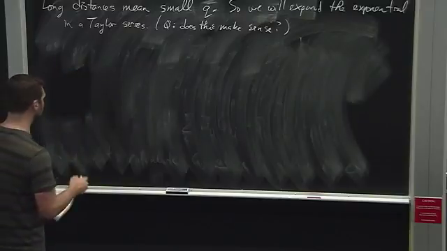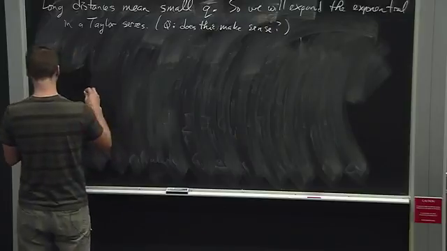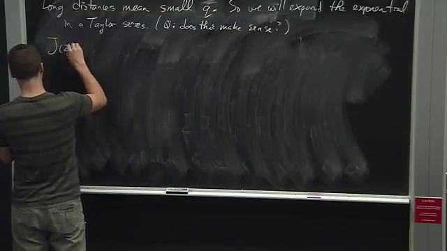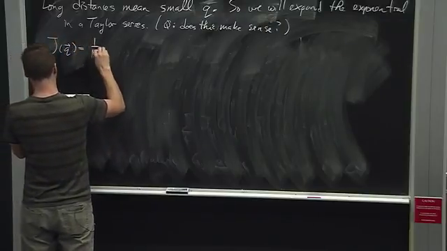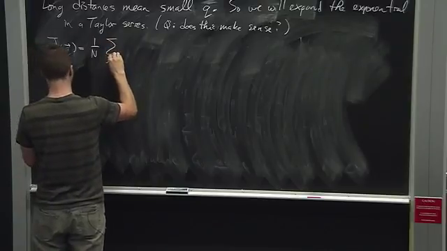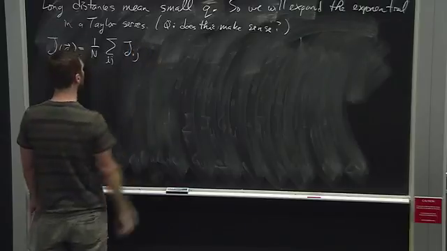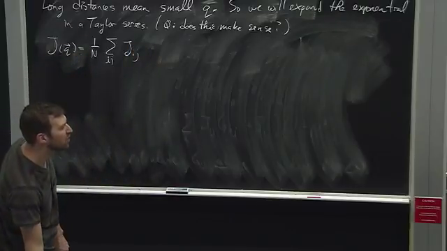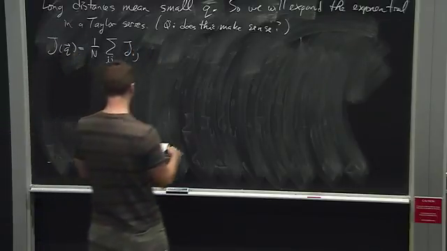Okay, so let's do this Taylor expansion. J of Q, let's leave the sum over i and j, and it's the exponential.